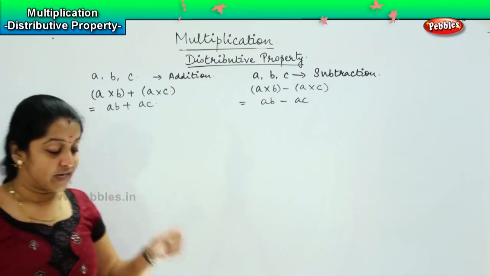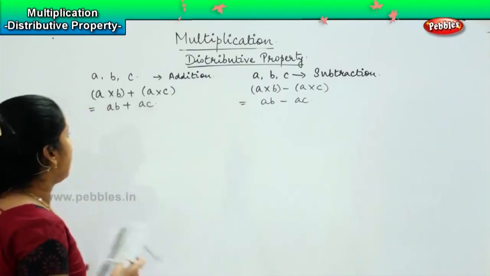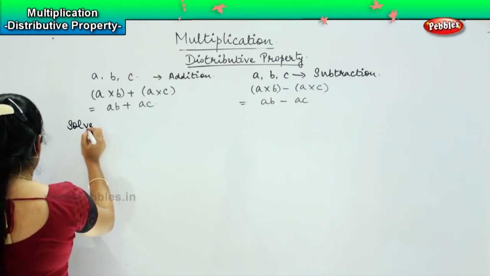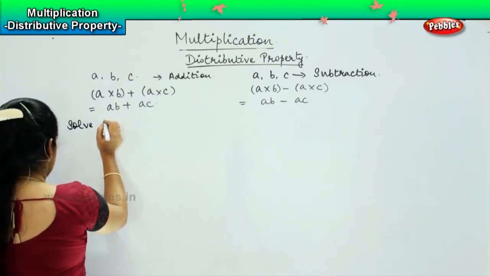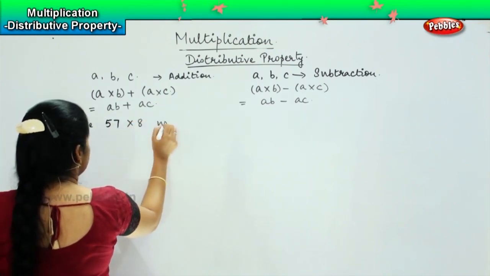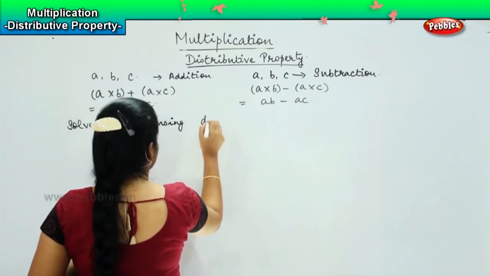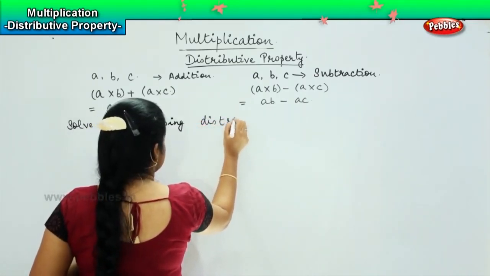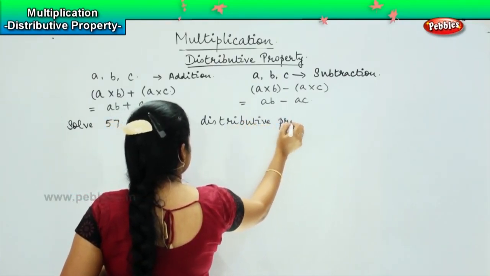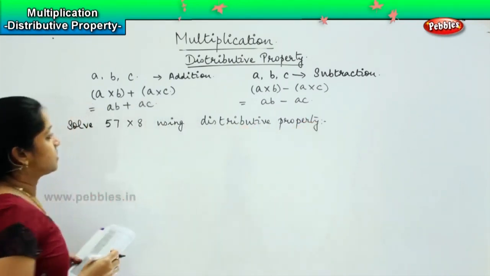Okay. So let us try to solve this with an example. For example, if I have a sum, solve 57 into 8 using distributive property. Okay. Now this is the question.